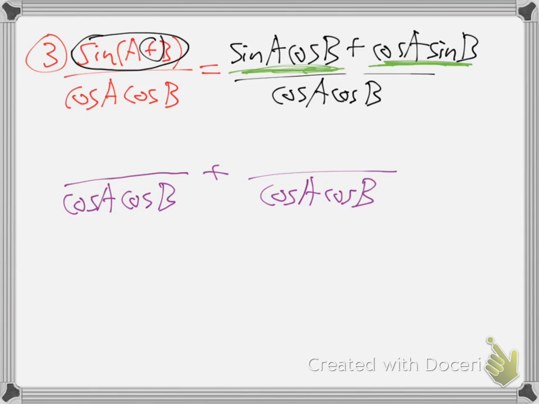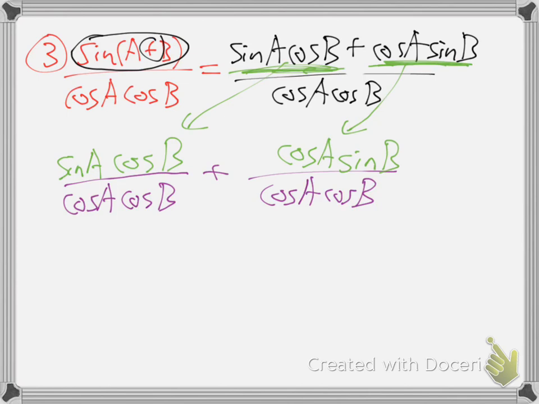Why is that such a big deal? Because that tells you the structure. You want to make this sine A, cosine B, right? That one goes there, and this one goes here. Cosine A, sine B. Did you see that? I just separated it.